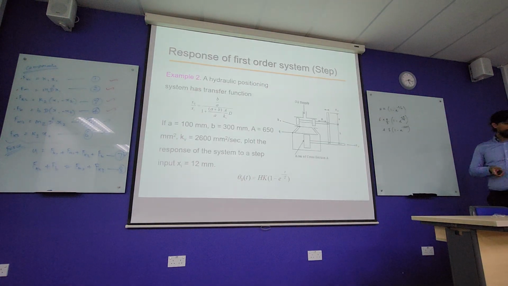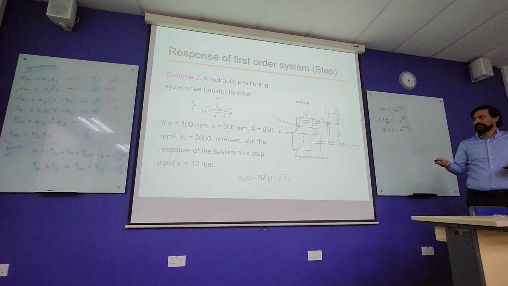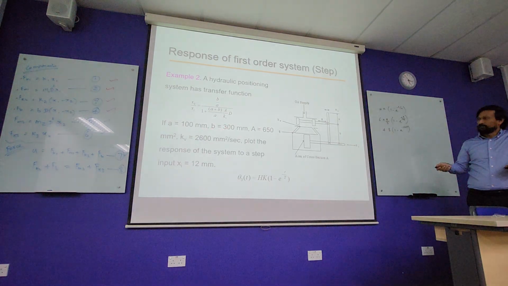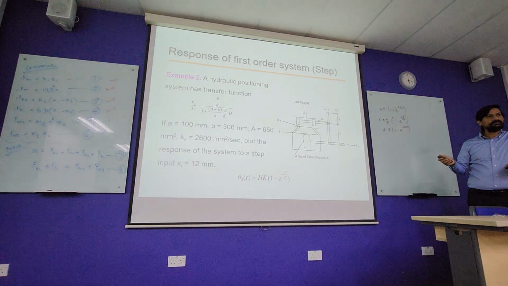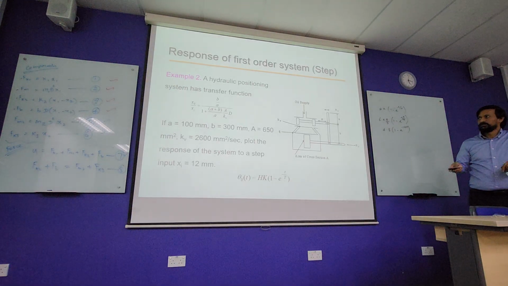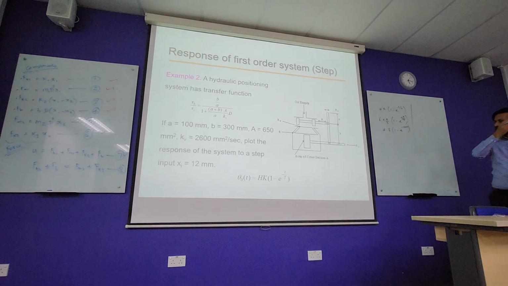The next one, of course, they give a system and give A, B values, and you substitute all the A, B values. Finally, you need to get it with a step input. So the step input formula we need to substitute to get the value. Maybe example 2 I will make it here because it is not written fully.